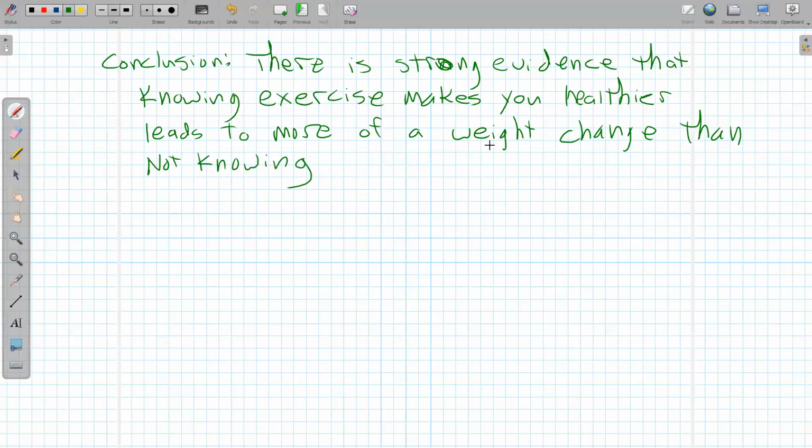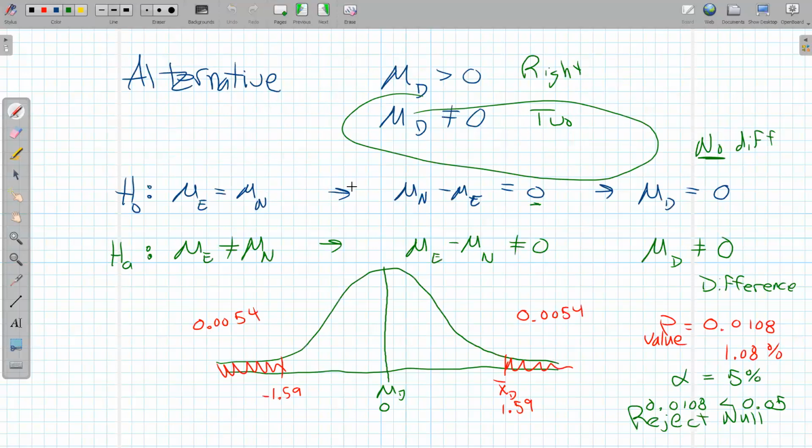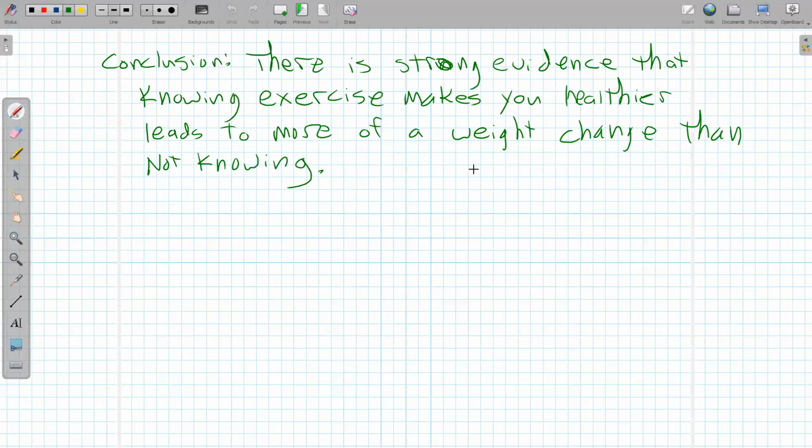Now, I'm pretty vague about the weight change here, although my data showed more of a weight loss. Notice I didn't use the word loss specifically because my alternative hypothesis was the not equal. Like I'm saying, hey, I really don't know what's going to happen here. Somebody else might say, oh, I think it's going to matter, so I'm going to go for an alternative where it's greater, in which case their conclusion would be written differently. They would say, instead of change, more of a weight loss.